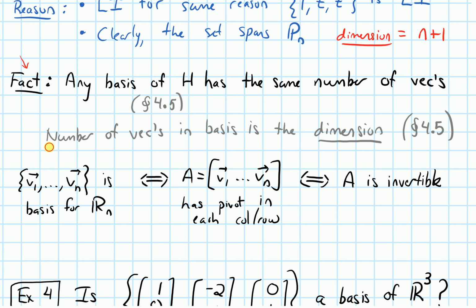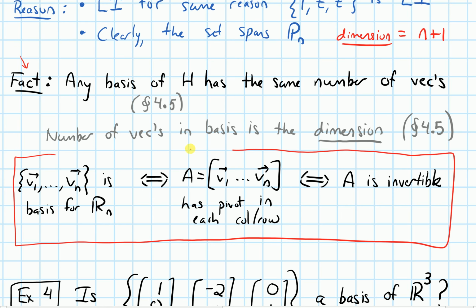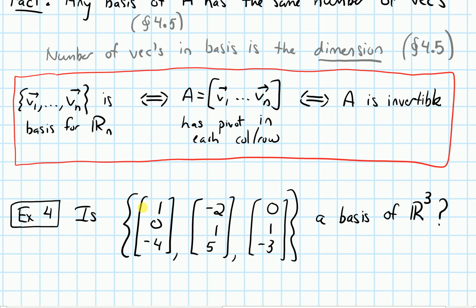So let's box this. In Rn, a set of vectors is a basis for Rn if and only if the matrix that I get when I put those vectors as the columns is invertible. Okay, so let's do an example. Is this set of three vectors a basis of R3?